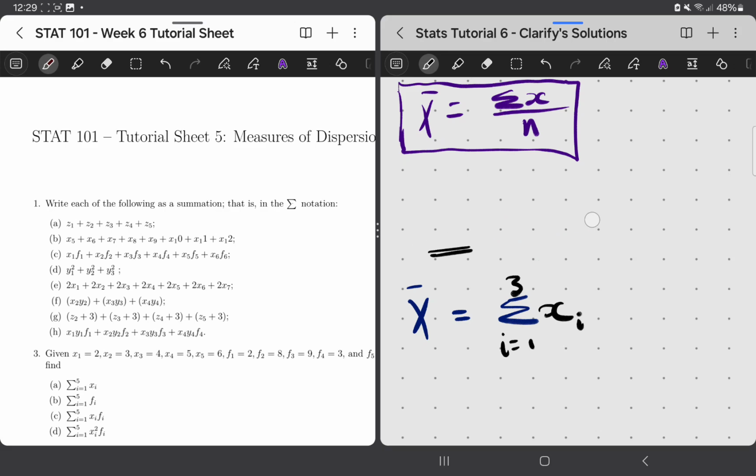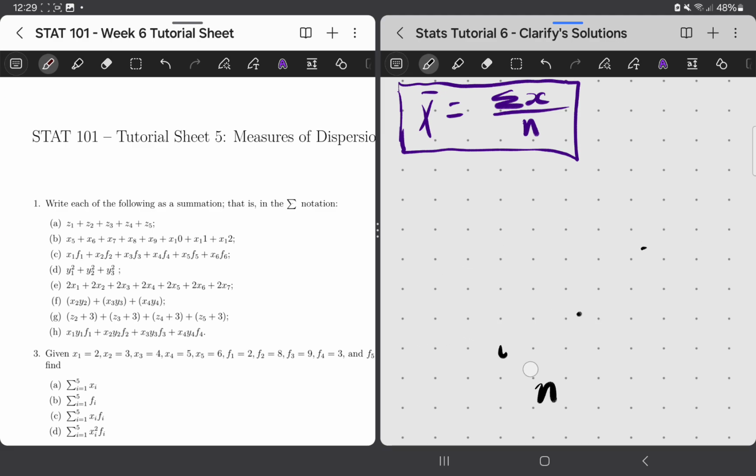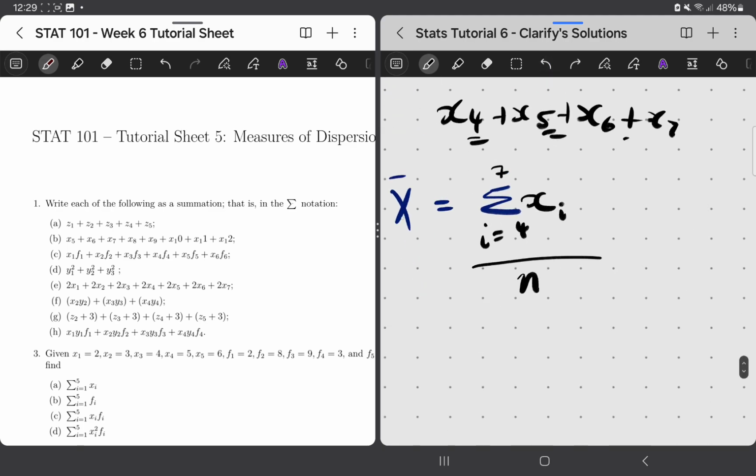If we were adding x4, x5, x6, and x7, I would say still the sum of xi because the 4, 5, 6, 7 is on x, and I would say from 4 up to 7. That's what happens, okay? Then I can say divided by n. So I'm going to sum these and divide by the number of terms. So that's kind of what we do. We use it when we know how many terms we have. Then we like to use this i, okay?